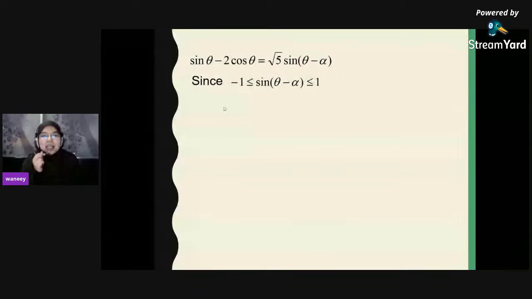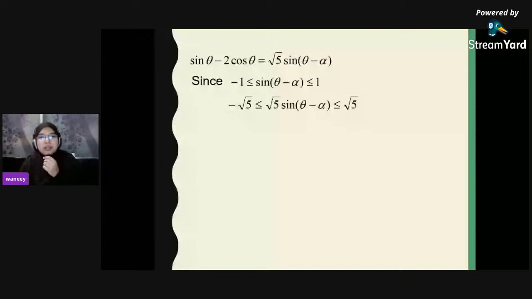Sine theta minus alpha should be somewhere between -1 and 1, because a graph for the sine is always between -1 and 1. If we have theta minus alpha, it simply means we are shifting either to the left or to the right. If you have square root of 5 in front here, multiply everything by square root of 5, so that means negative square root of 5 is less than or equal to square root of 5 sine theta minus alpha, which is less than or equal to square root of 5.